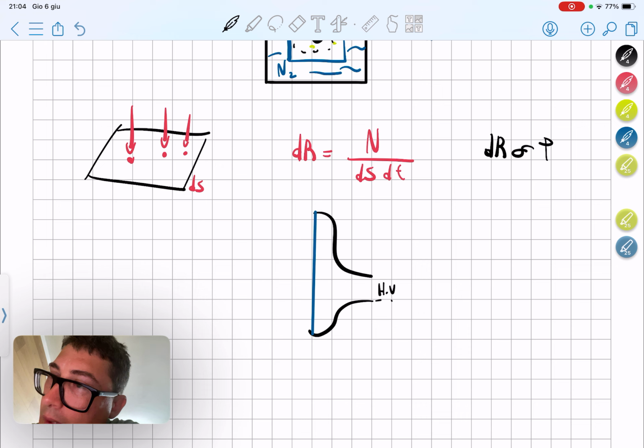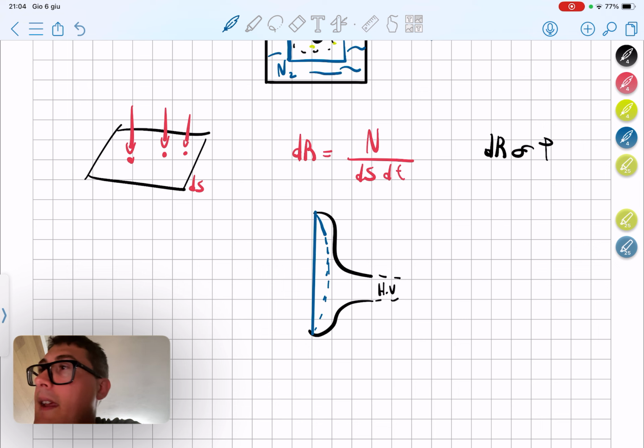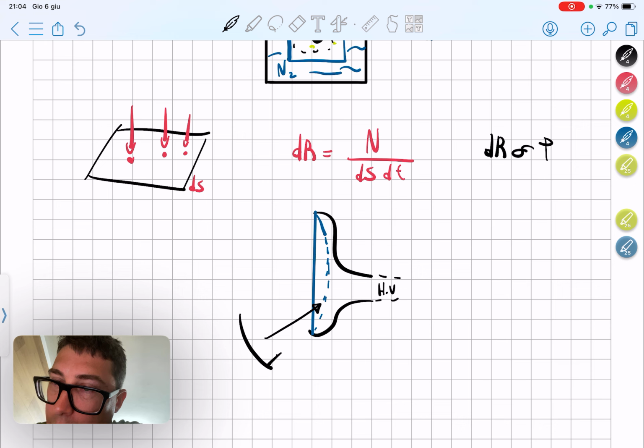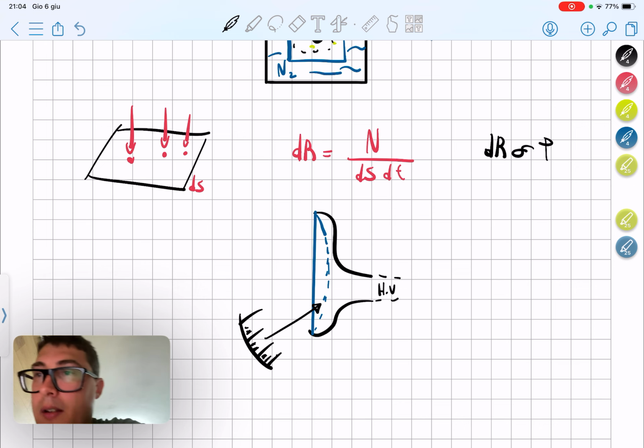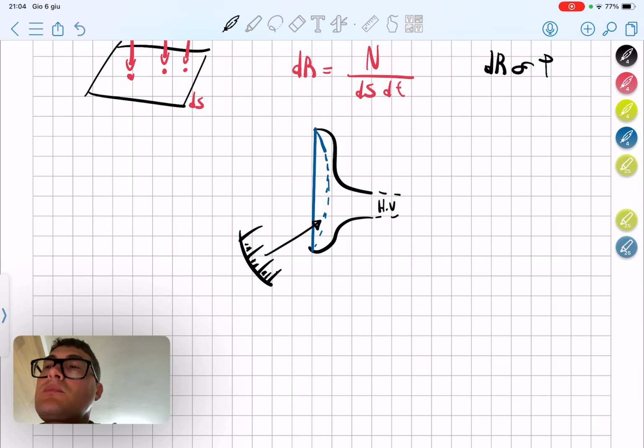High vacuum is in this direction, so this will bend the membrane, and with some measurement devices we can essentially understand what the pressure is by measuring the deflection of such a membrane. We can indirectly measure the pressure.